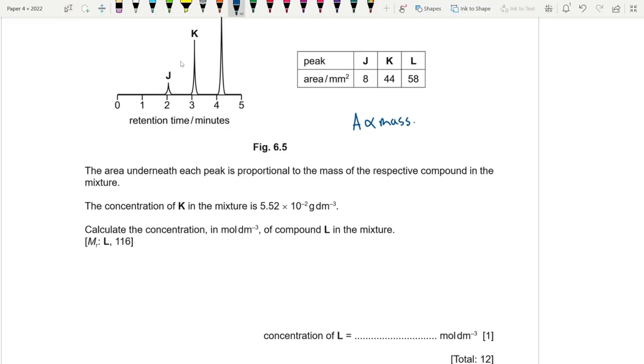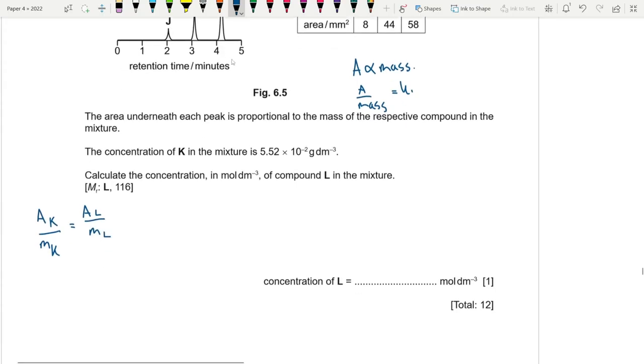For example, we know that area is proportional to mass, which is in gram per dm cube. So can we write this, that area by mass is actually a constant? Do you get what happened? So we can write that area of K by mass of K is equal to area of L by mass of L. Essentially, that is what we're doing.